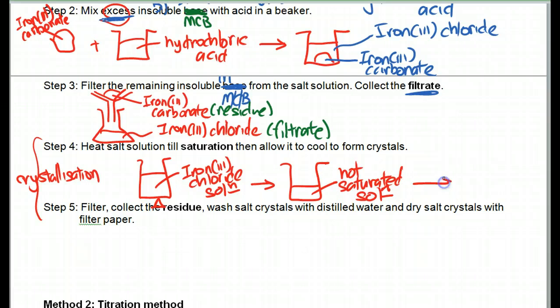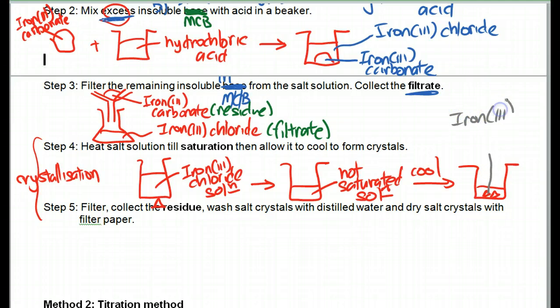What you're going to do after that is to cool it down. Once you cool it down, what you're going to get is a beaker filled with crystals. What crystals are those? These little solids that are formed here, these are your iron 3 chloride crystals.